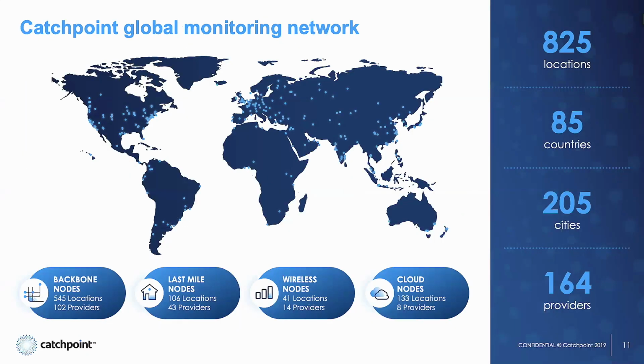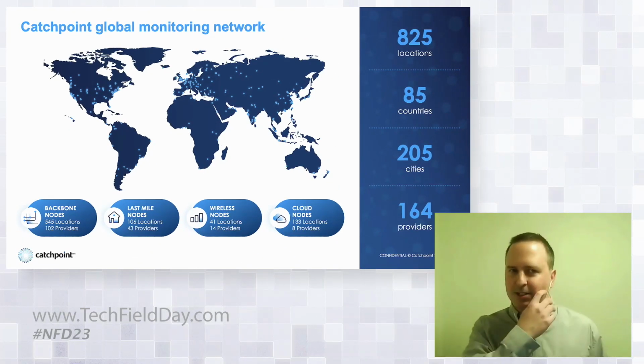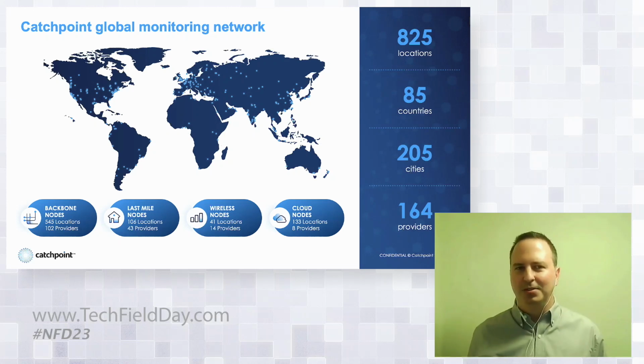And I've mentioned our global monitoring network probably three times in this presentation. Our global monitoring network would be considered roughly 825 backbone, broadband, cloud, enterprise, last mile, and wireless points of presence. So it's an extensive, large node network globally located that gives us complete visibility to help our customers detect those less than optimal experiences from anywhere in real time.